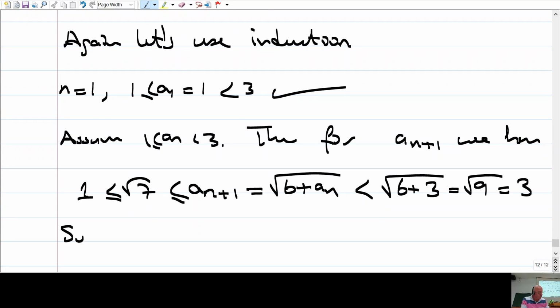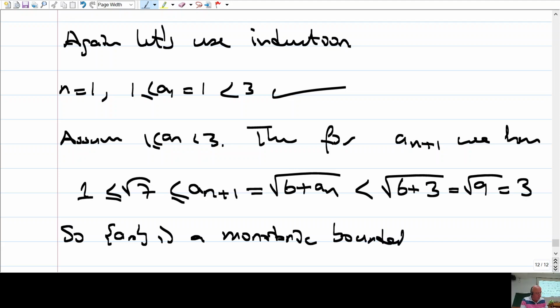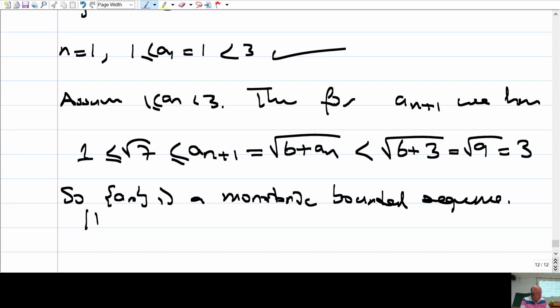So an is a monotonic bounded sequence, hence it is convergent.